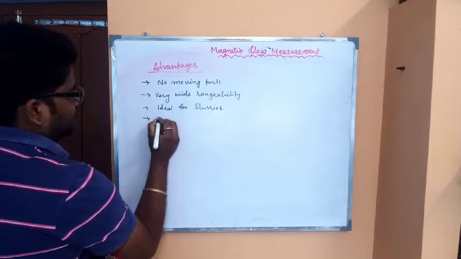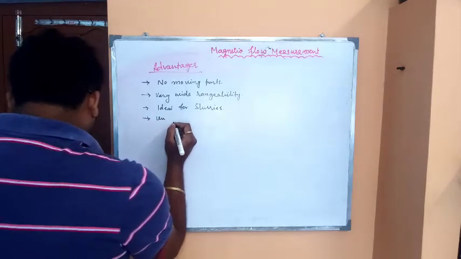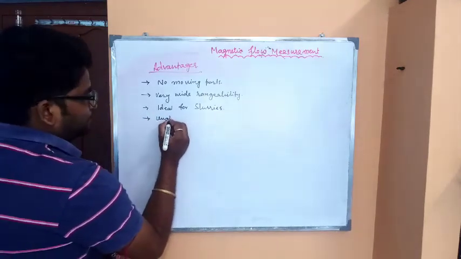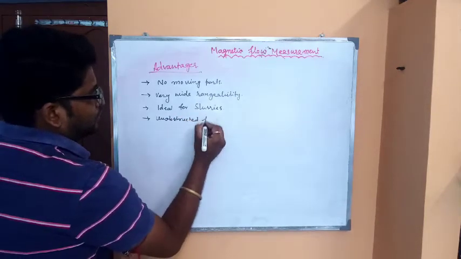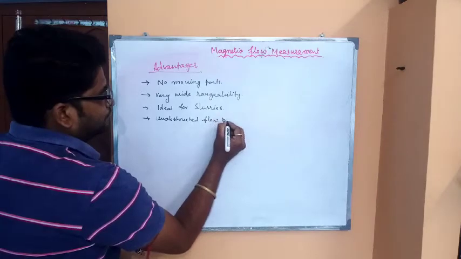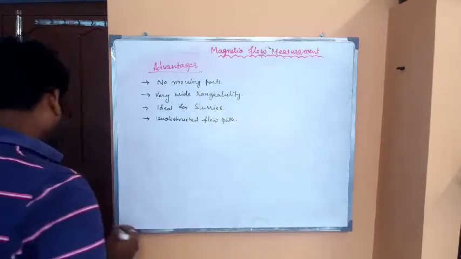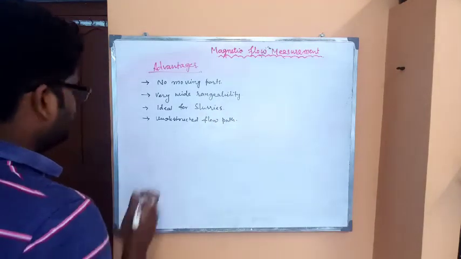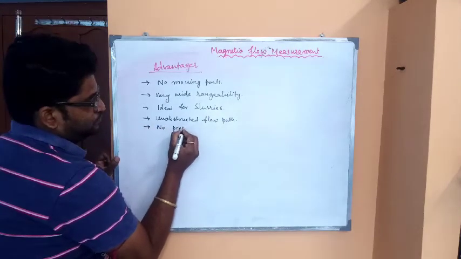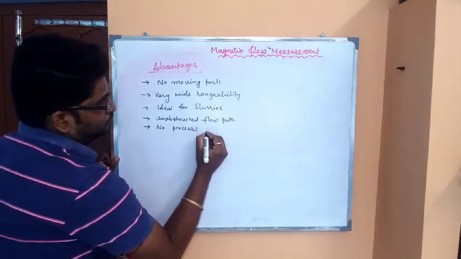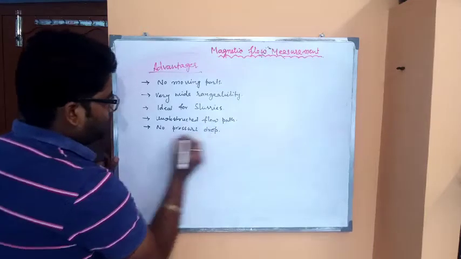Okay, so then fourth point is unobstructed flow path. Then fifth point is no pressure drop.